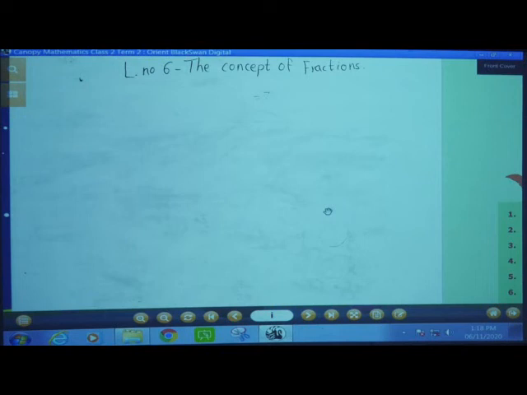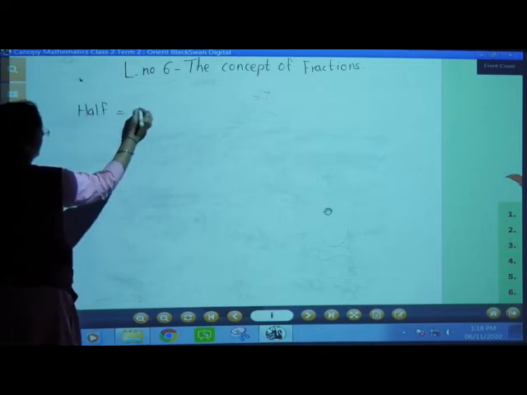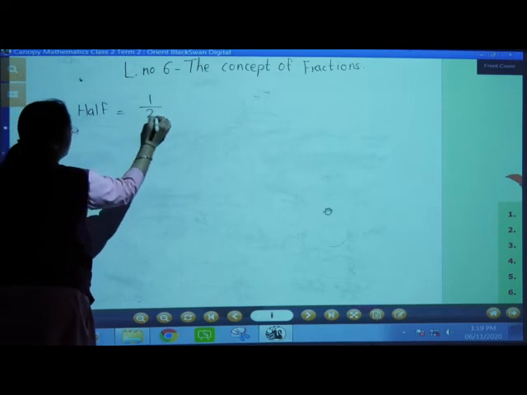Half means 1 out of 2 equal parts, and it is written as 1 by 2.